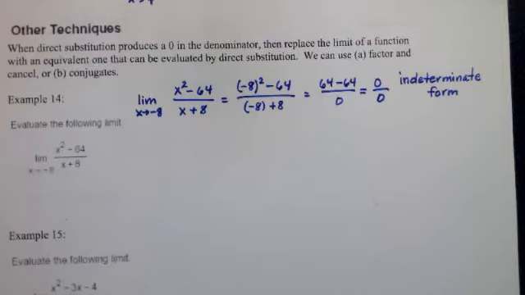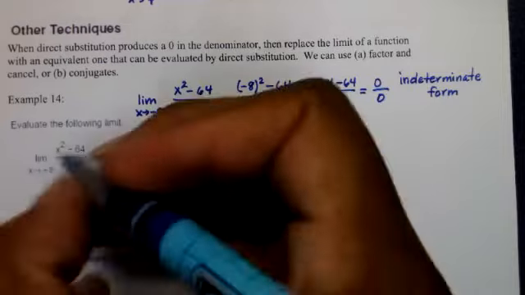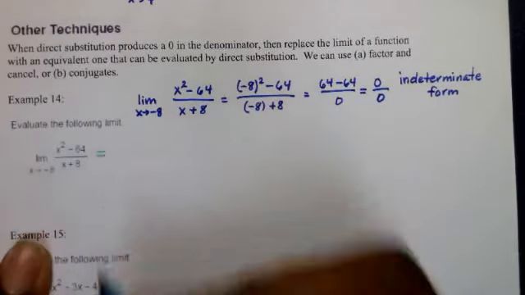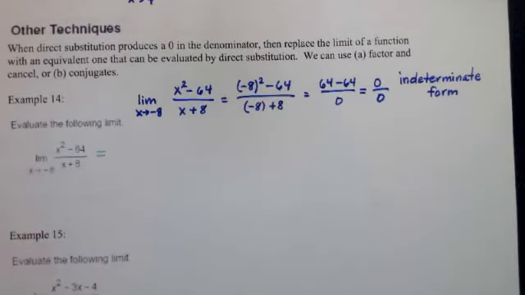In this case, I'm going to need to factor this, because I know x squared minus 64 is a difference of two squares. So we're going to use that.